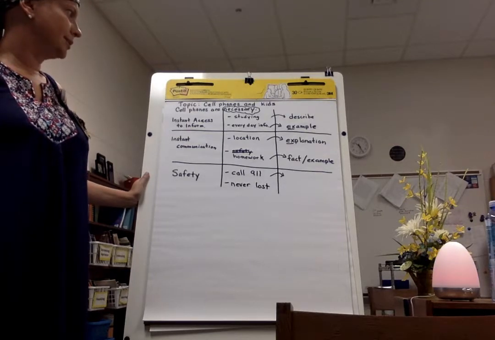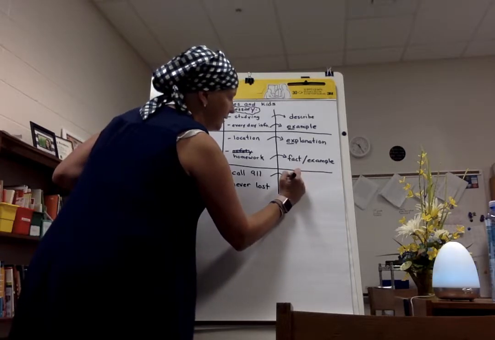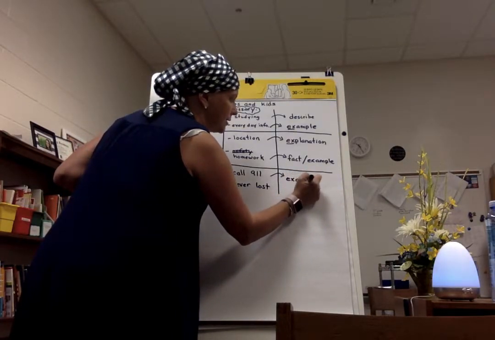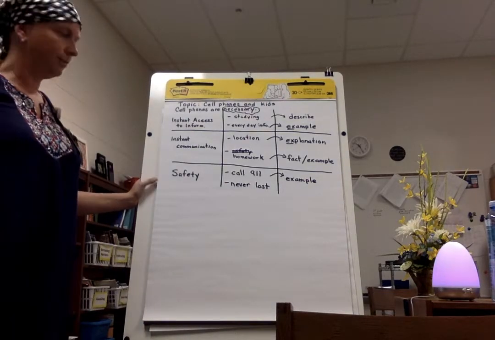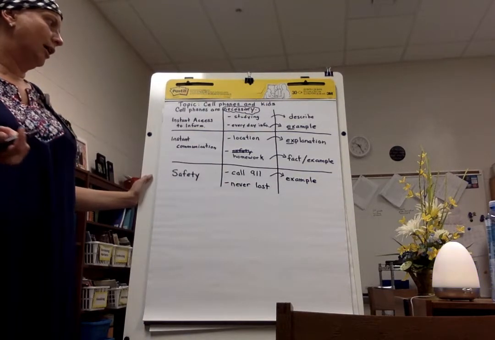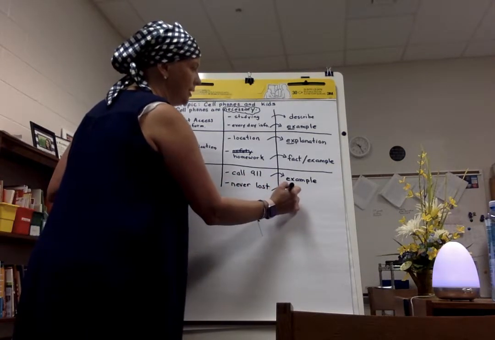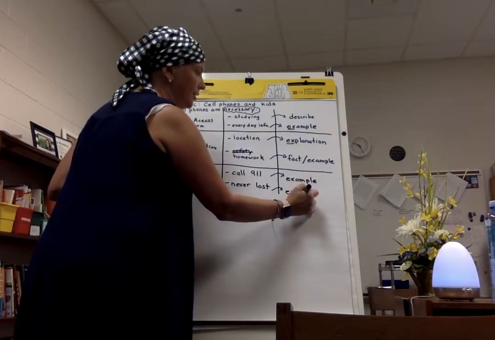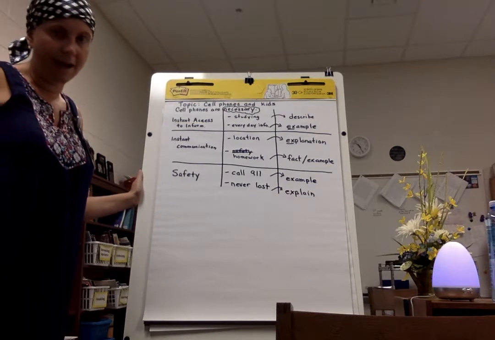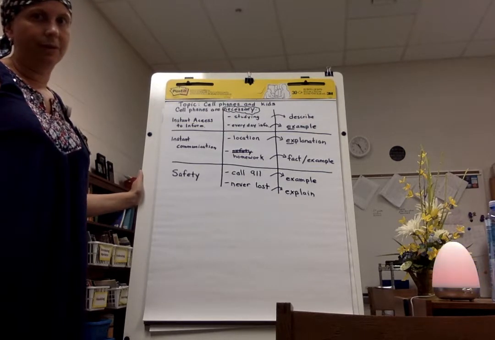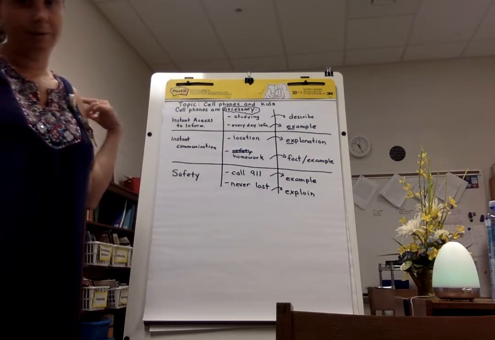It makes more sense to give an example of a situation that most students are in, where being able to call 911 would actually be beneficial. For never lost, I think I would explain how in the past you might get somewhere and not know where you're at, but with the location and maps features on phones nowadays, that really is not a problem.